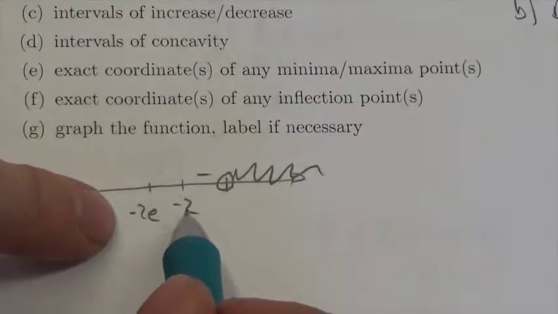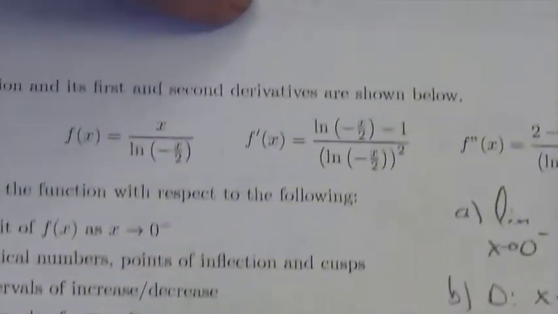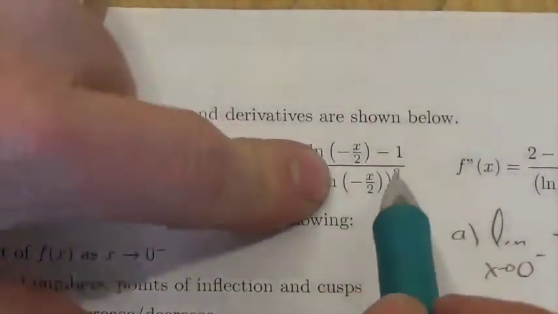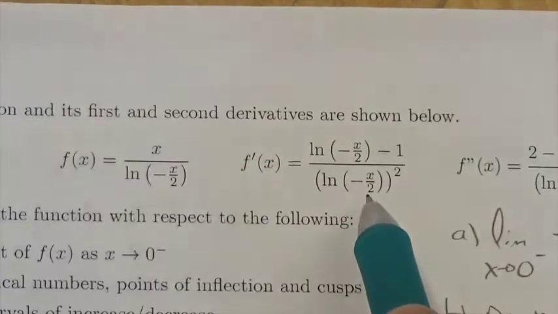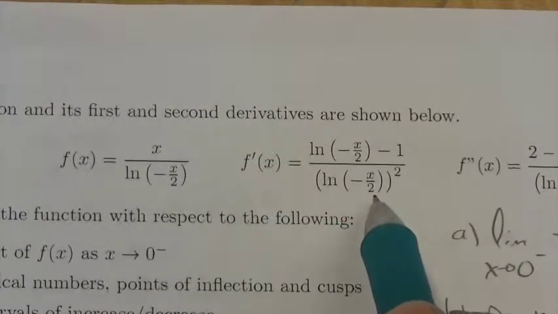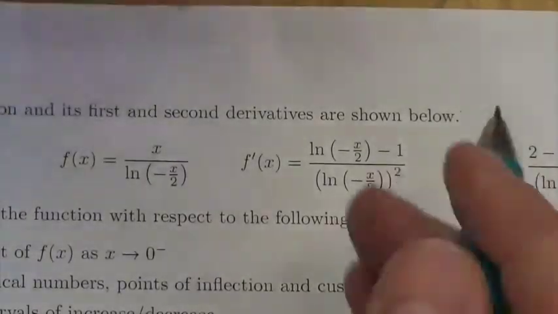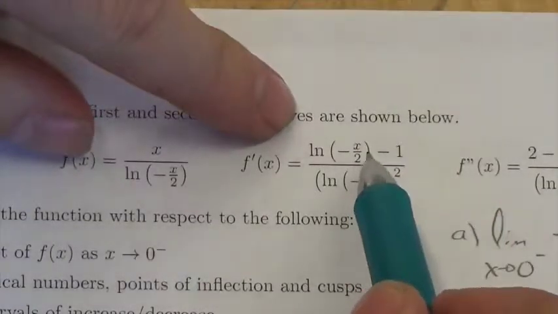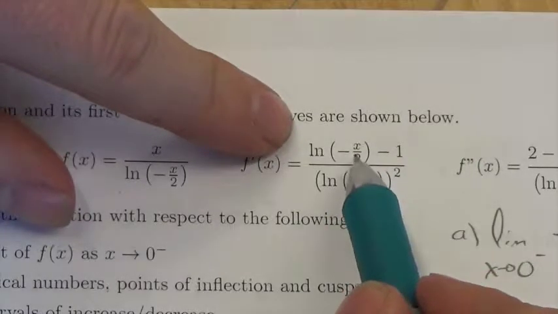If you choose a number between negative 2 and negative 2e, and let's actually choose negative e, for example. If I plug the negative e into that, it makes it positive e over 2. When you take the log of that, that's going to be just a positive value. The square is going to be positive. Here, if you put negative e into that, the negatives will cancel.